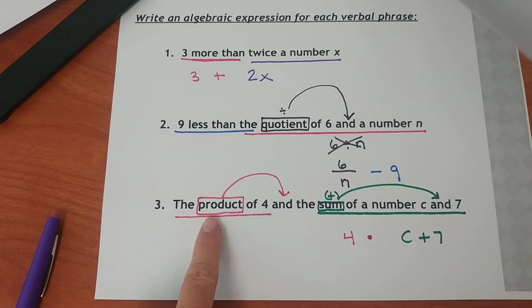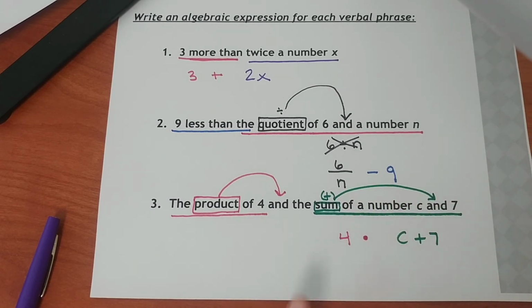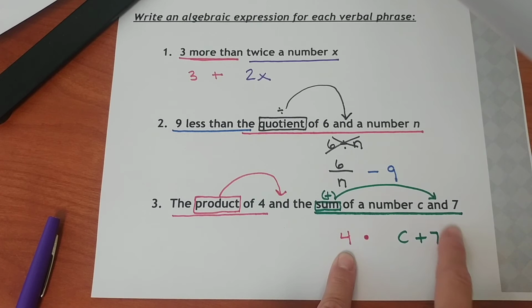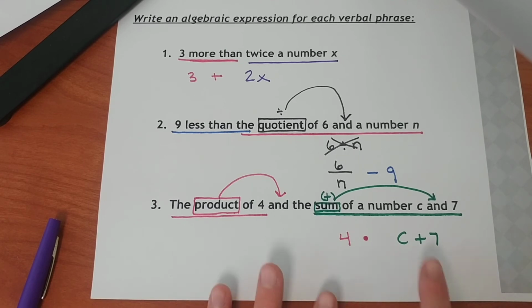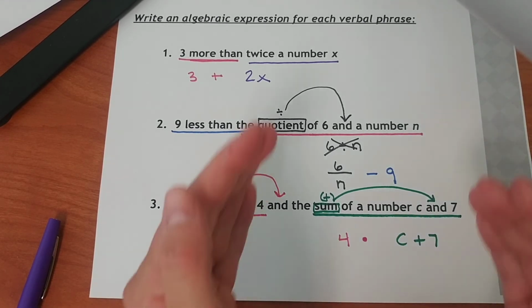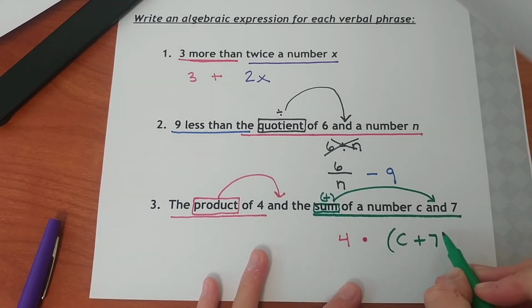Because this tells me the product of 4 and all of this. I want to multiply 4 by all of this. And right now, using order of operations, I would just multiply 4 times C. So what am I going to need over here to be sure that this stays together? You're right, parentheses. I'm going to put parentheses around it.